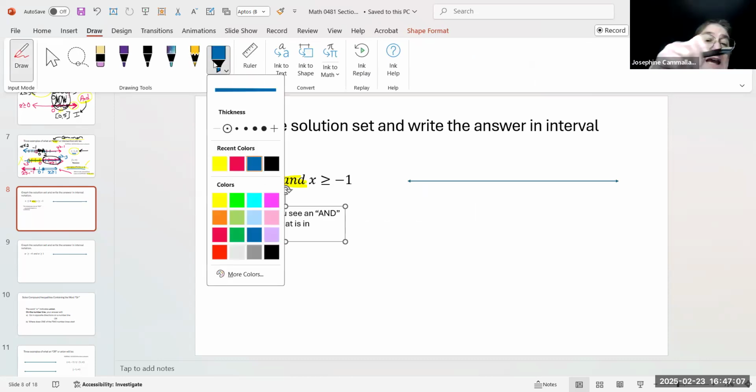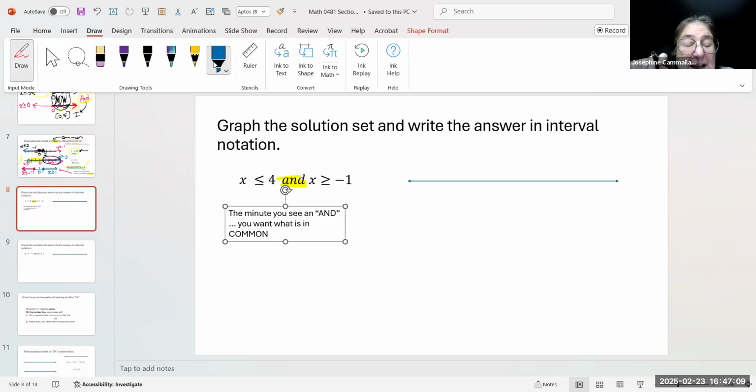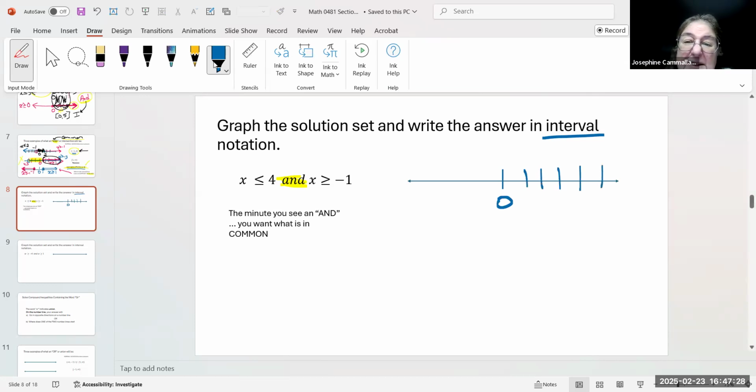Now, Pearson or McGraw-Hill is not always going to put these on the same number line. They're just going to ask you to write the interval notation. You have to know how to write it. This is 0. This is -5. This is +5.